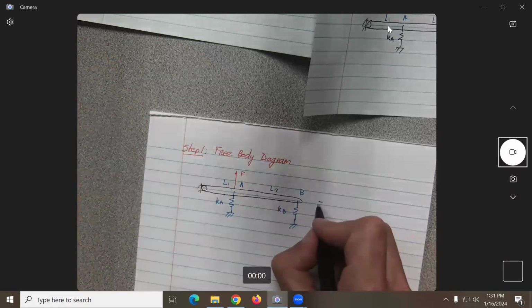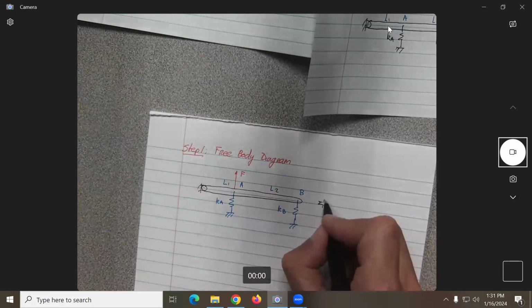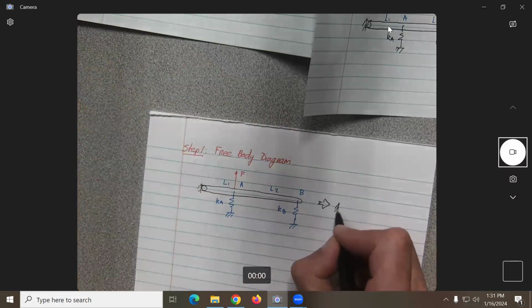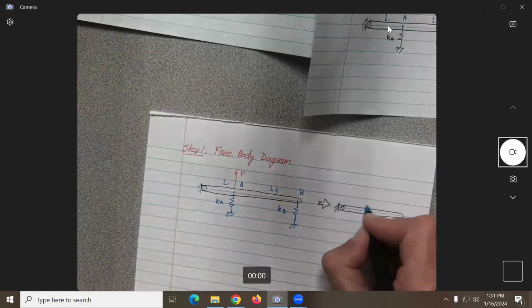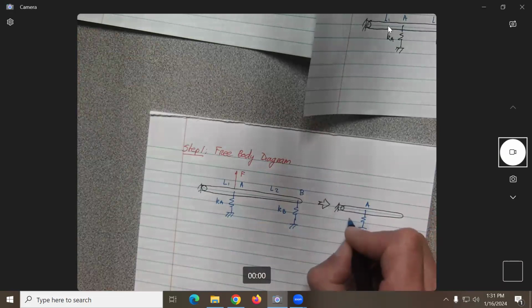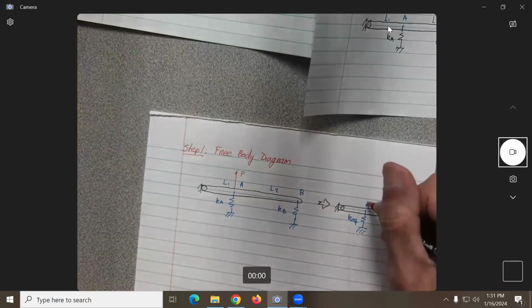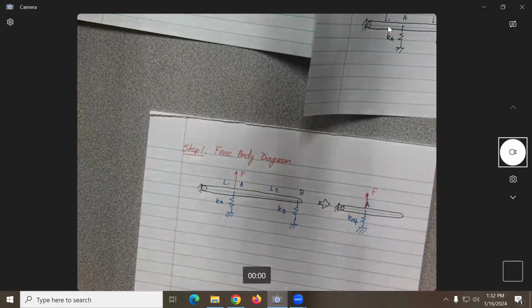What are we trying to find? We're trying to find our equivalent system that will look like, so the equivalent system should look like what? Like this, no?